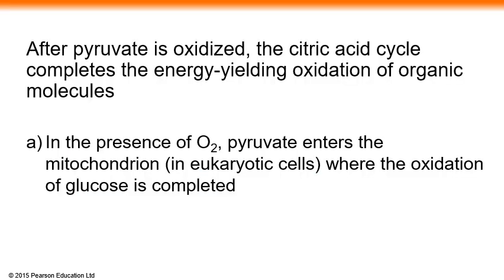After pyruvate is oxidized, the citric acid cycle completes the energy-yielding oxidation of organic molecules. So through the citric acid cycle, the sugar is going to get completely broken down into CO2.